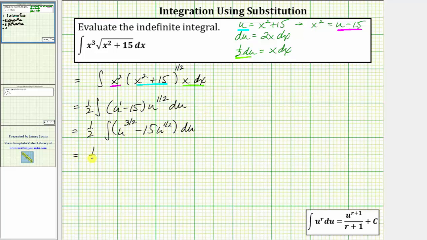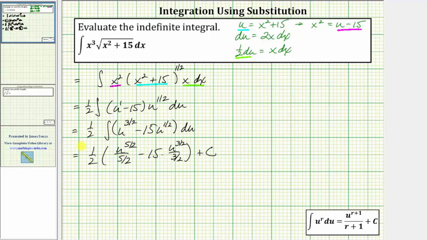This is equal to 1/2 times the integral of u to the 3/2 is u to the 3/2 plus 1 is 5/2. So we have u to the 5/2 divided by 5/2 minus 15 times the integral of u to the 1/2 is u to the 1/2 plus 1 is 3/2. So u to the 3/2 divided by 3/2, and of course plus c.